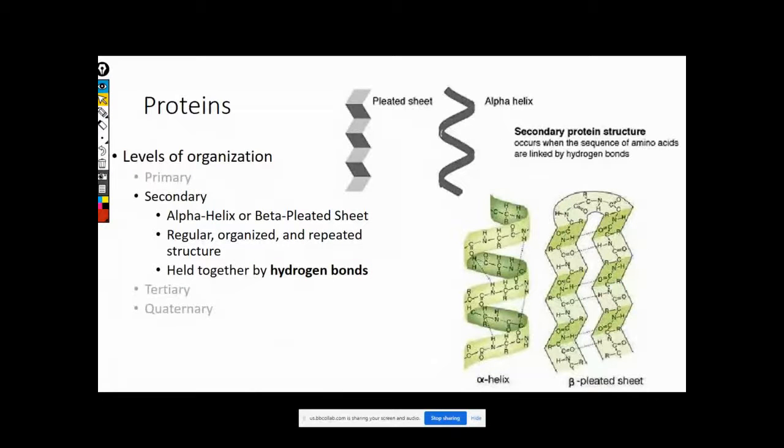Okay, so where we left off on Wednesday was the secondary level. Okay, so we're taking that chain of amino acids, right, those linked beads, and all we're going to do, right, is either twist or kink them.